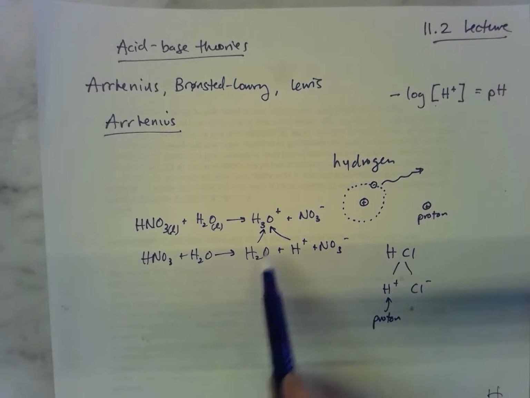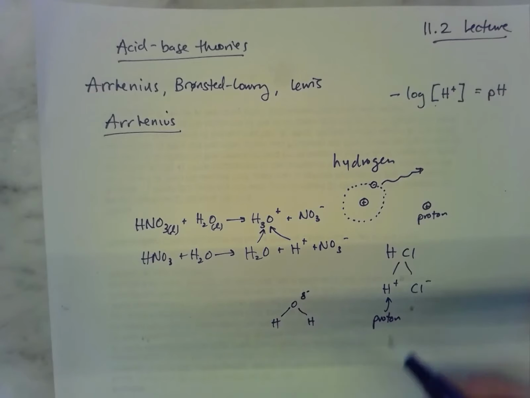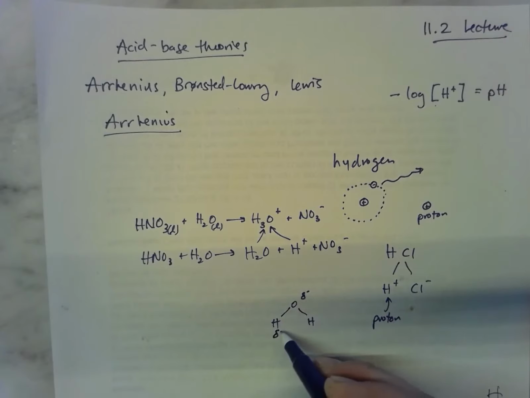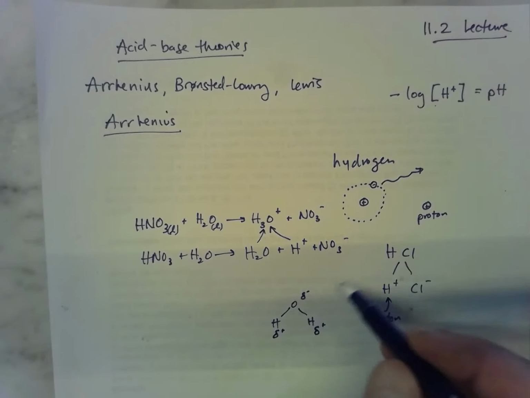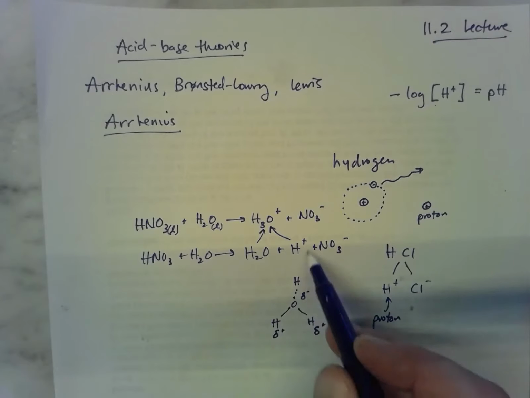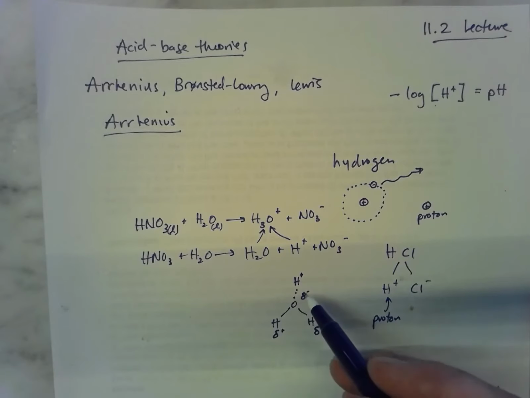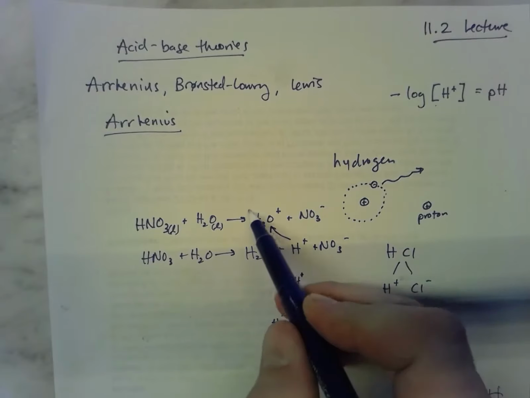Because that water is polar, remember, we've got H, O, H, and this has got that little partial negative and partial positive here. That other hydrogen, this guy, comes over here because he's a positive, and starts hanging out close enough that it's considered a bond. Okay, and so that makes it an H3O plus, and what do we call that?